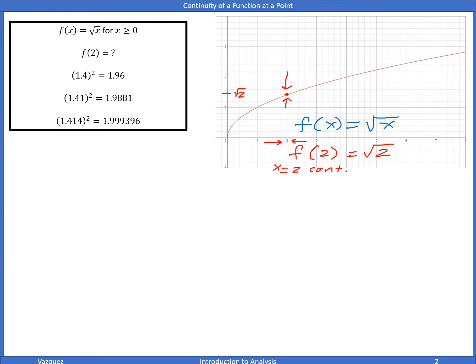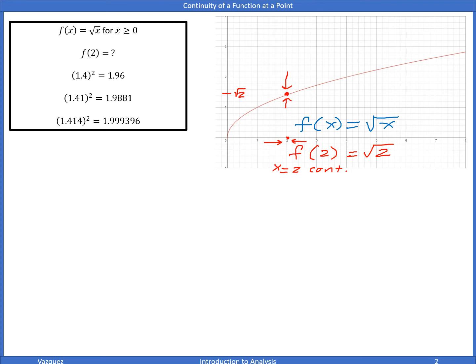And that's not a proof. I'm just kind of building intuition here. Just as with limits, the closer and closer we get to our point 2, the closer and closer the values on the y-axis get to our square root of 2.